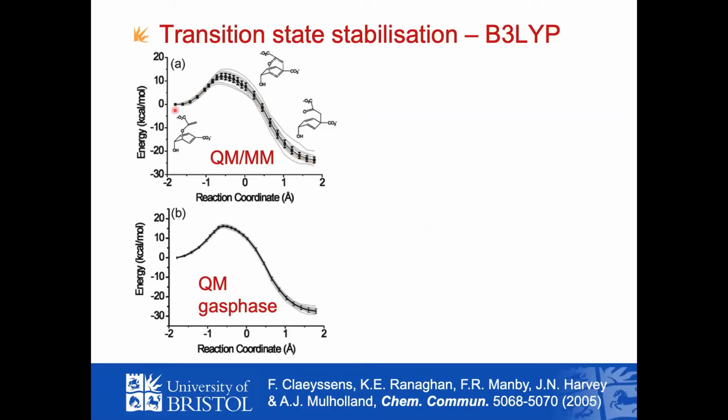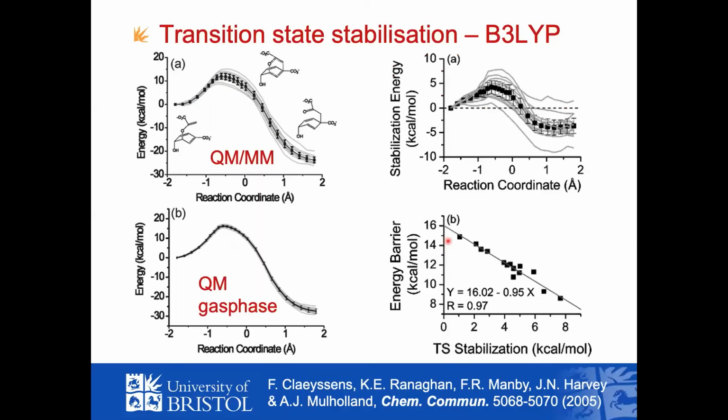So for a bunch of different starting snapshots, they calculated a potential energy profile for the reaction on the same reaction coordinate, and then did these gas phase calculations, and then plotted the stabilization energy against the energy barrier, showing an even nicer correlation than I showed you before at the semi-empirical level. And you can actually plot destabilization along the axis as well.